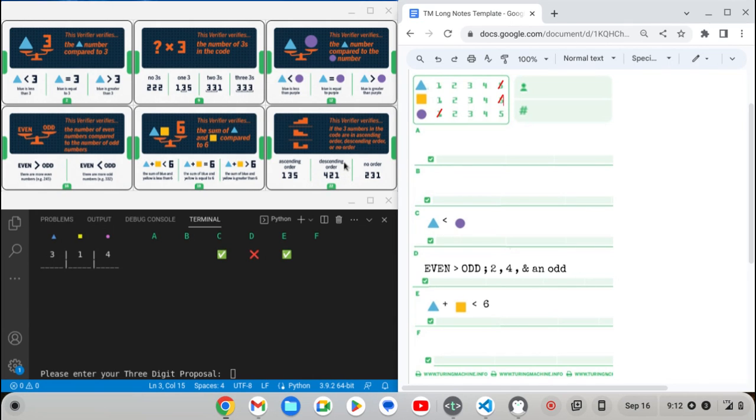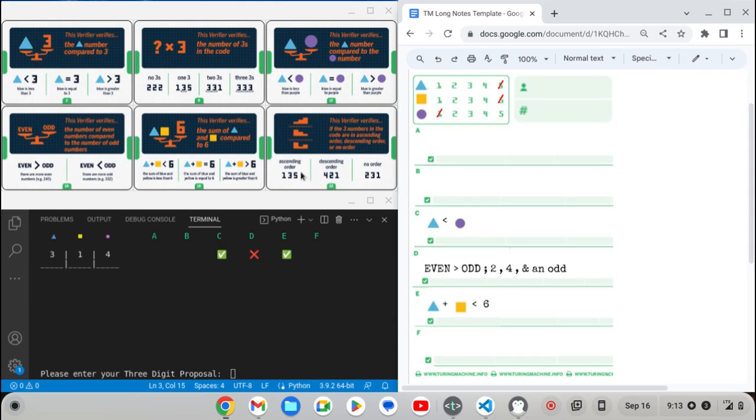And I believe, now that I think about it, if you have criteria card B, if we know that triangle, we already know triangle is less than circle, but let's just do a for instance. If we knew that triangle, well, actually, I think it's the other way around. If you know the ordering is ascending, meaning it goes, say, from 1 to 4 to 5, then we would know that triangle is less than circle, making criteria card C irrelevant.